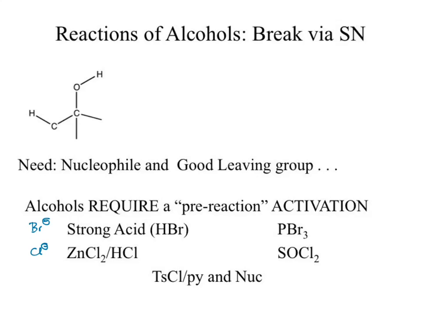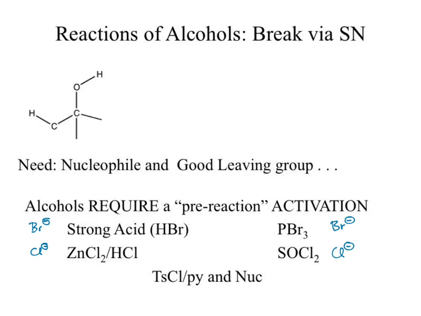The two new ones would be PBr3 and SOCl2. What do you think our nucleophiles are in those cases? As a hint, there's a reason they're organized the way they are. Yep, bromide and chloride also end up acting as our nucleophiles.